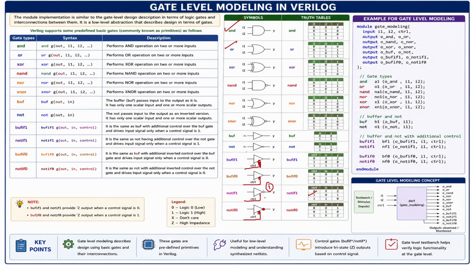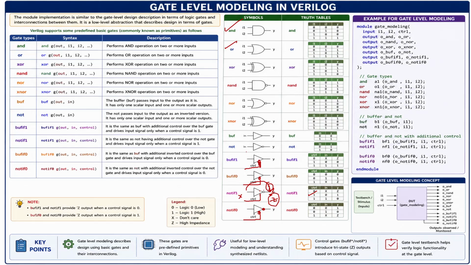If the control signal is 0, then whatever input you give, you get a high impedance value, because the wire's default value is high impedance. In the same way for notif, if you give an unknown value and the control signal is also 0, that is a non-operating condition.